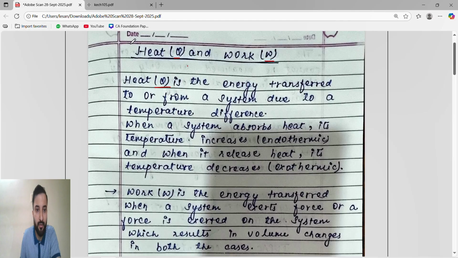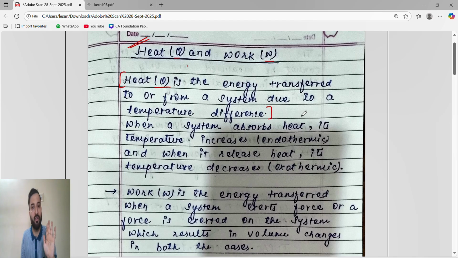First you will write the topic, heat and work. After that you will write: heat is the energy transferred to or from a system. Heat and work are energy only. So heat is the energy transferred to the system or from the system due to temperature difference.